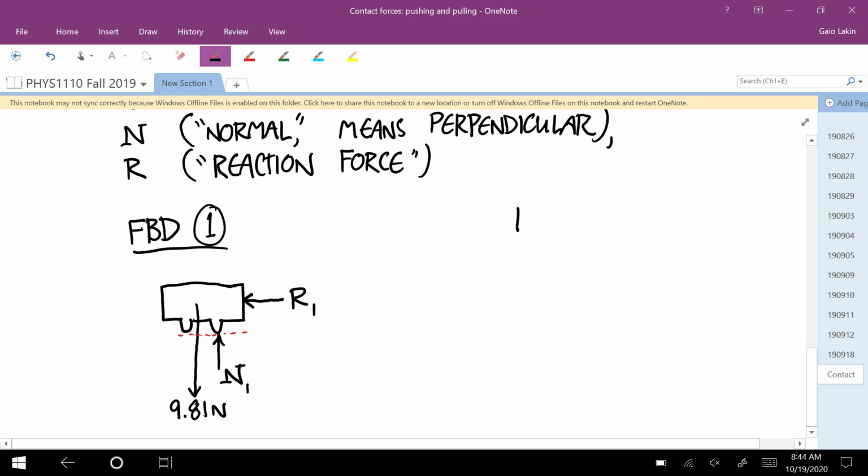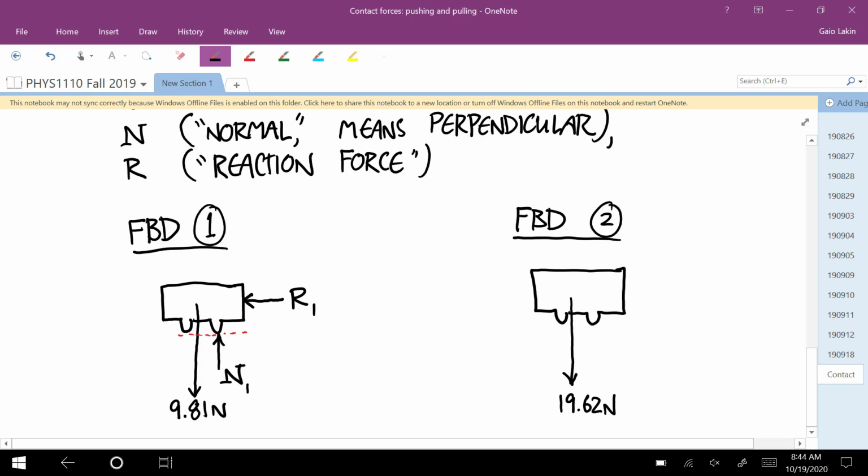Let's do a free body diagram for the 2 kilogram cart. So there's an outline of the boundary. There's a weight force that's equal to 2 kilograms times 9.81. So this is 19.62 newtons.